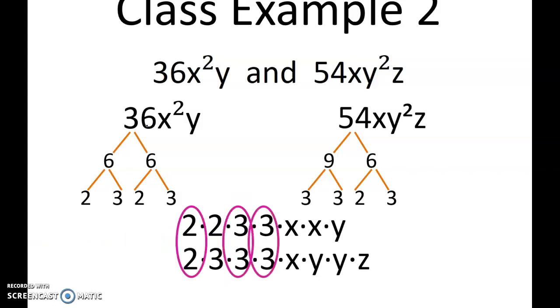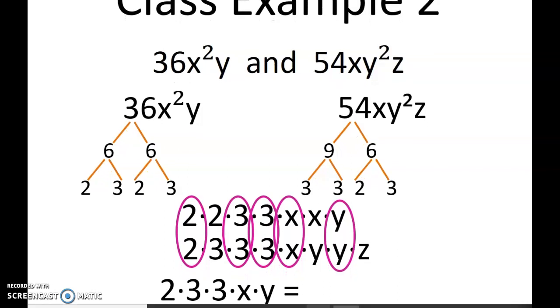We actually have 2 3's in common, an x, and a y. So what we circled here are the common factors. So we write those in a line to get our greatest common factor, which is 18, 2 times 3 times 3, xy. So 18xy is the greatest common factor of those two terms.